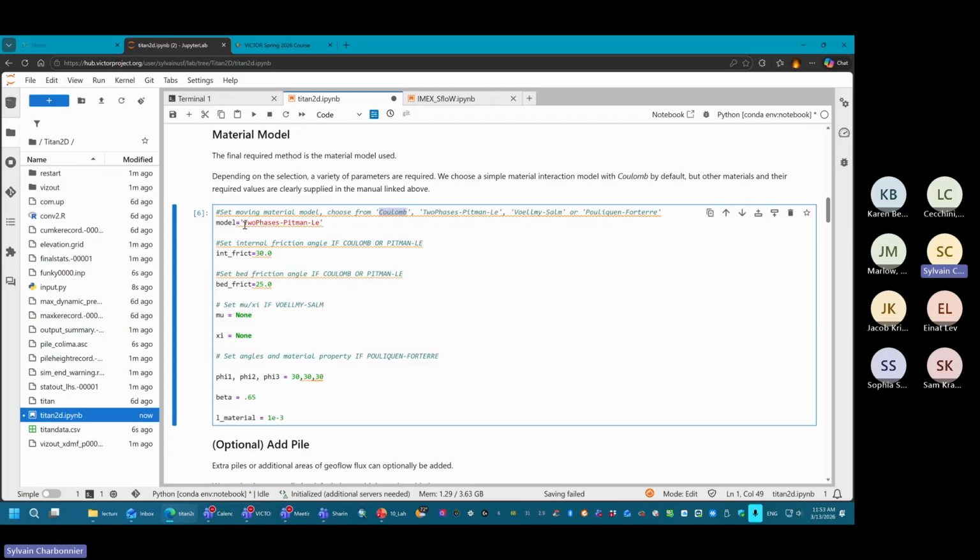Now you can type two-phase Pitman and Le rheology by just copy and pasting that here into the model name. Then you can leave the friction angle like that, or you can change the basal friction angle. Be careful because this rheology is actually using the friction angles, but also it's using a solid fraction. So because we have water included in the model now, water is going to flow on very gentle slopes, right?